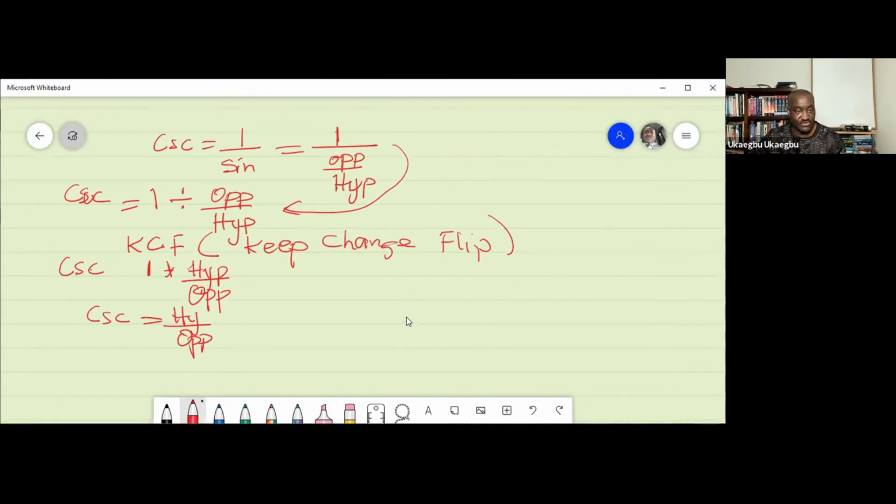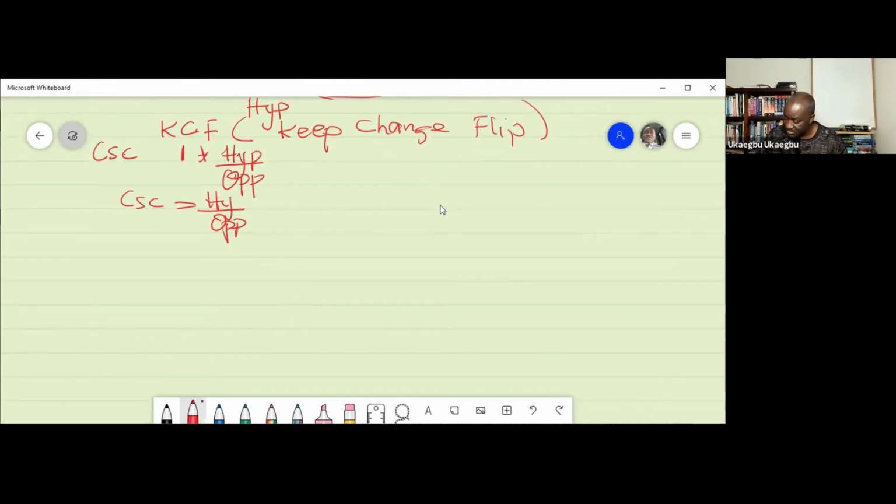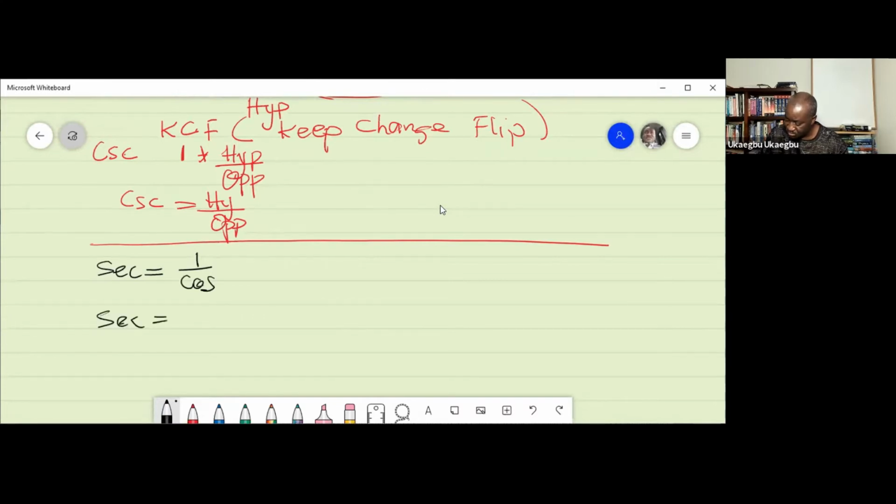We can do the same thing for secant. Sec is equal to 1 over cos, which is 1 divided by adjacent over hypotenuse.